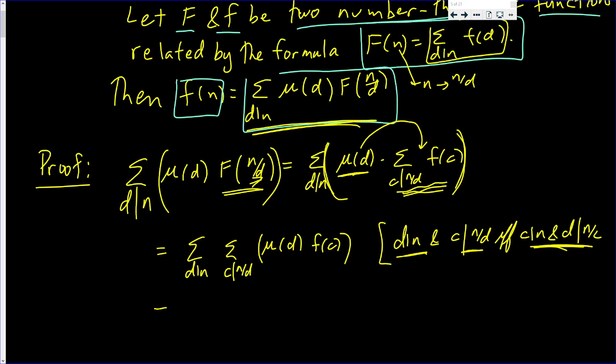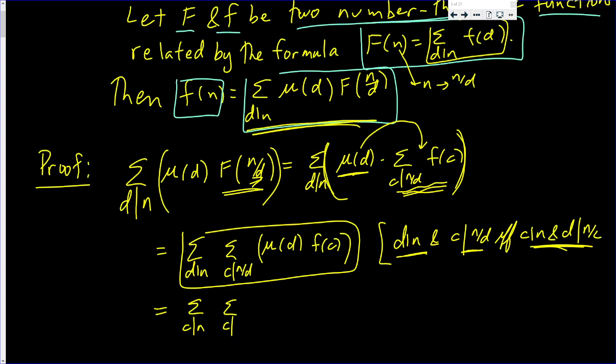So this we can write as the following. We can write this as the summation as c divides n of the summation of, actually, d divides n over c. I'll write this first. f of c times mu of d.